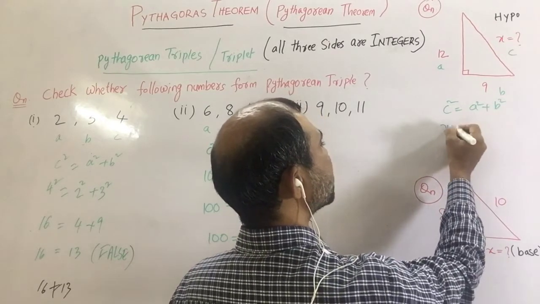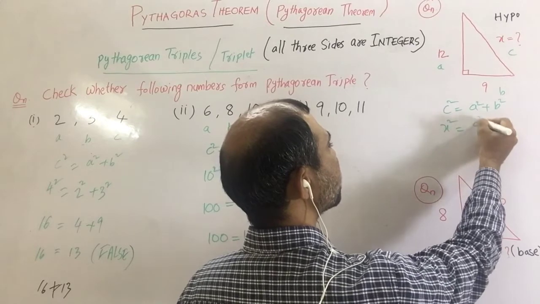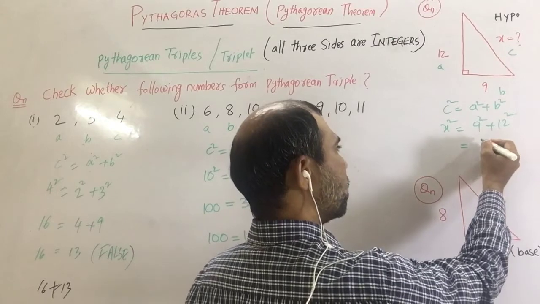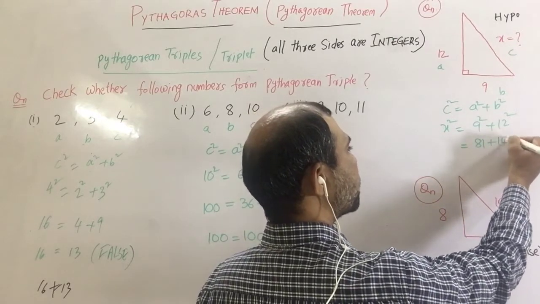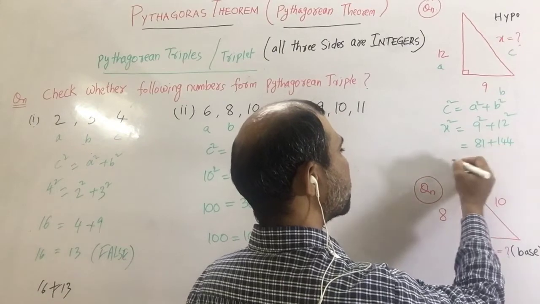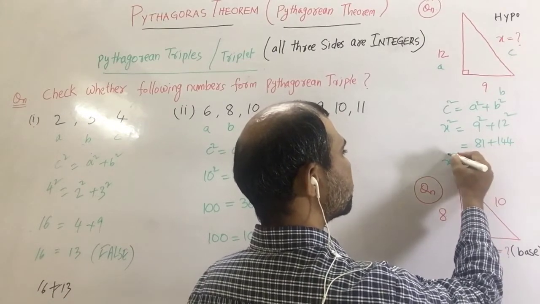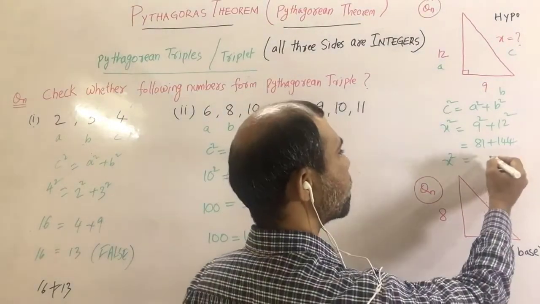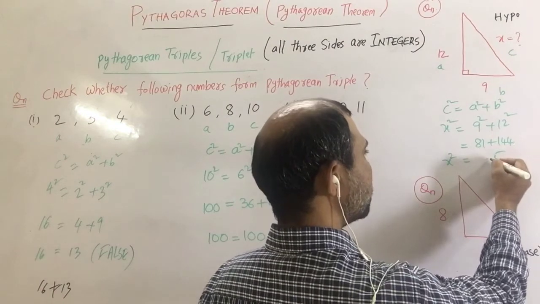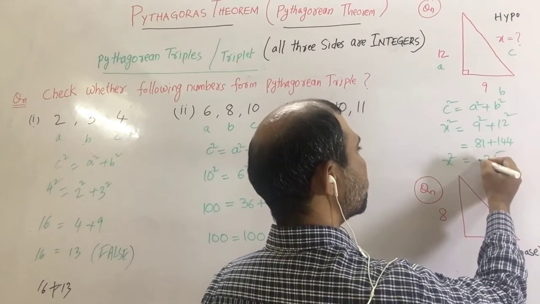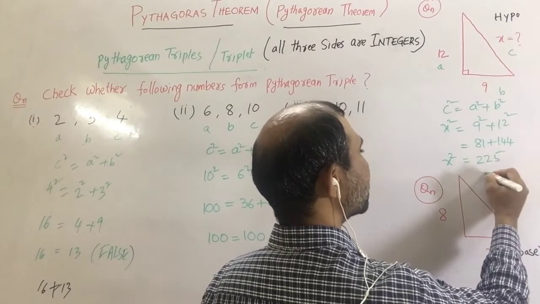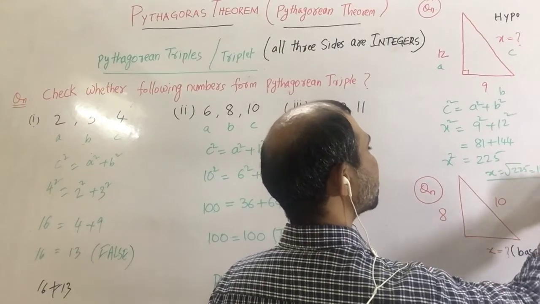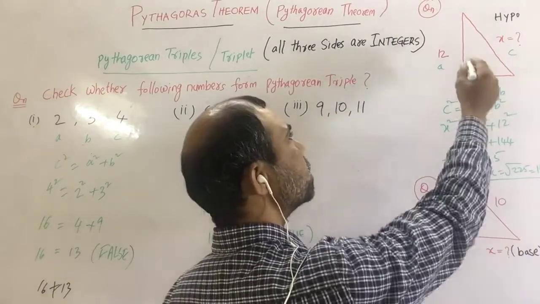So c squared, that is x squared, is equal to 9 squared plus 12 squared, that is 81 plus 144, so x squared is equal to 225, and then x is equal to the square root of 225, that is 15. x is equal to 15 is the hypotenuse for the question.